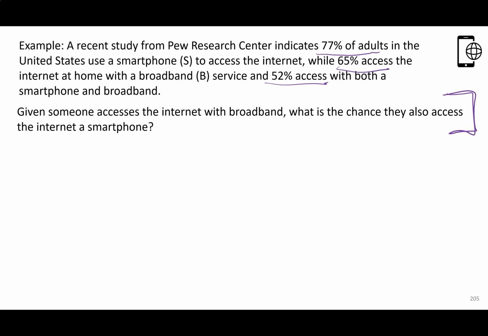So for me, probability that they also use a smartphone given, so this is just a vertical bar, given that they have broadband. So I'm going to write this part out, but I'm going to throw in the Venn diagram because that would be useful here.